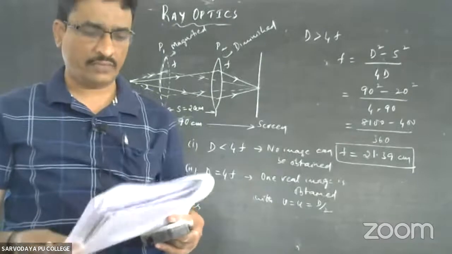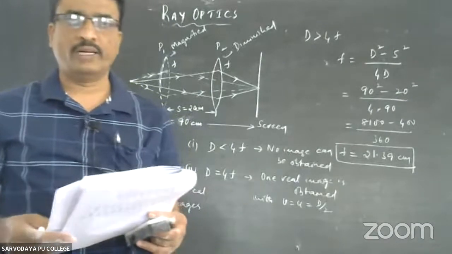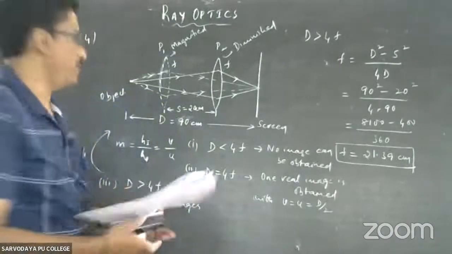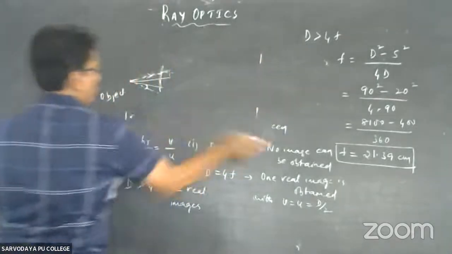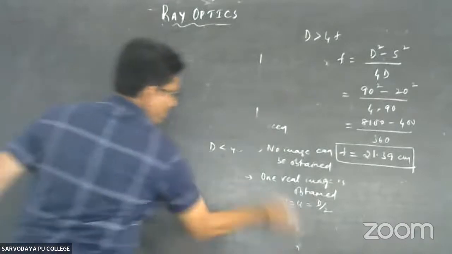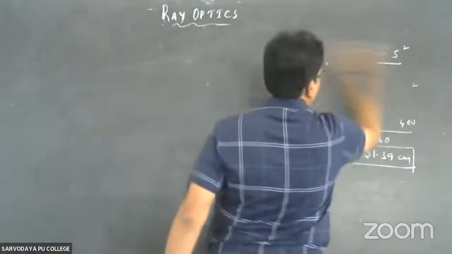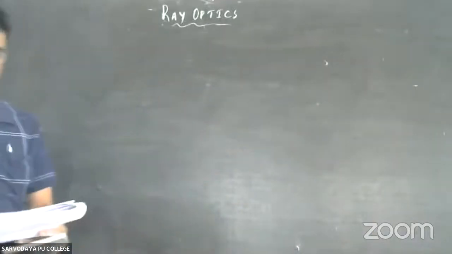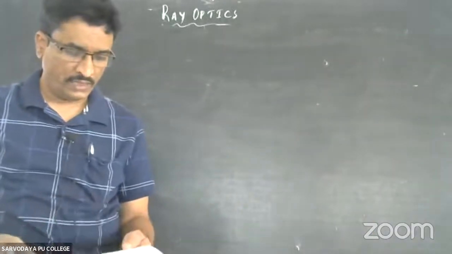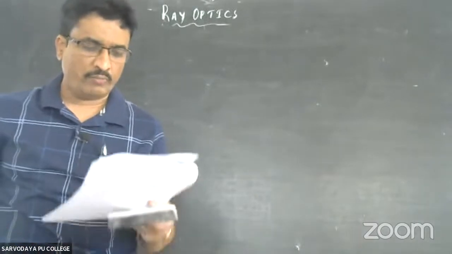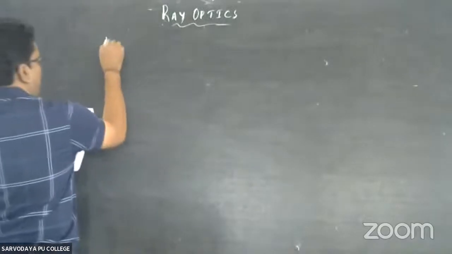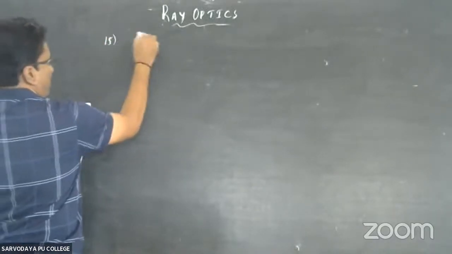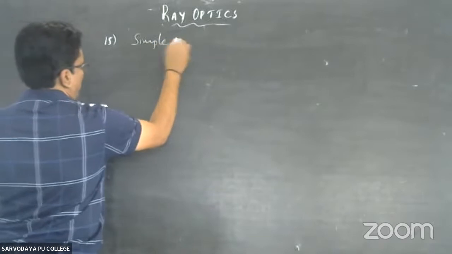Let us first of all consider a problem related to simple microscope. This is the 15th problem. A simple microscope produces virtual image of magnification 8.